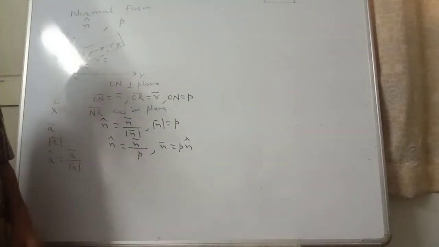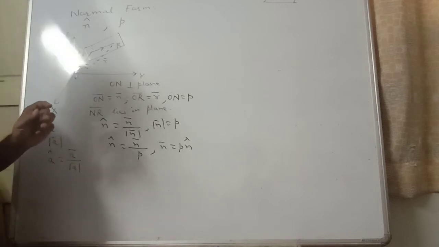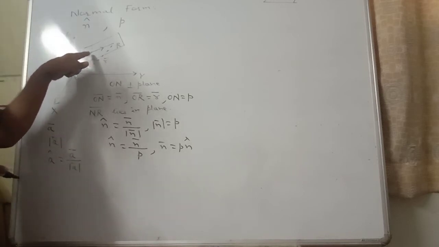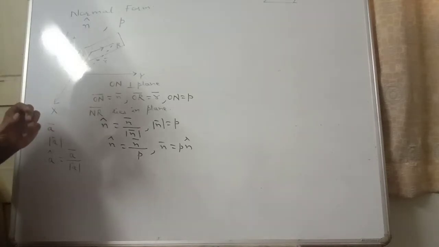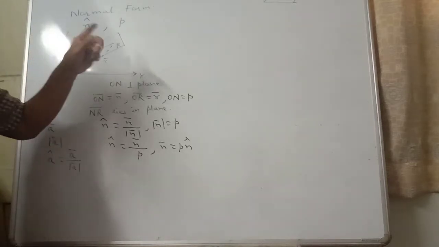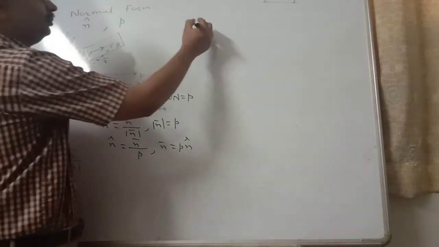Now NR bar, a vector in space, is directed from point N towards point R. N is the initial point, R is the terminal point.